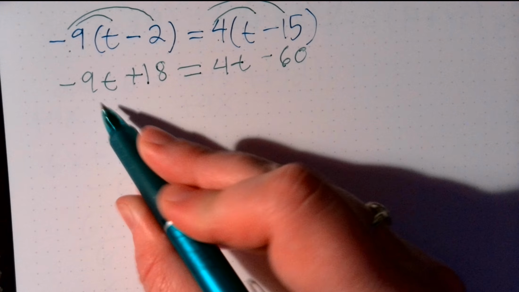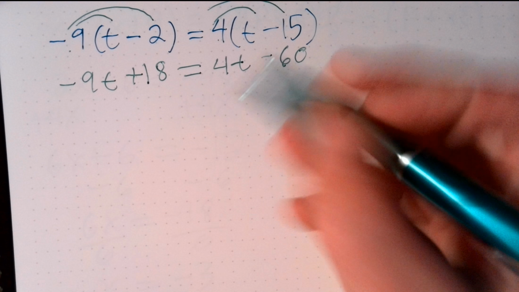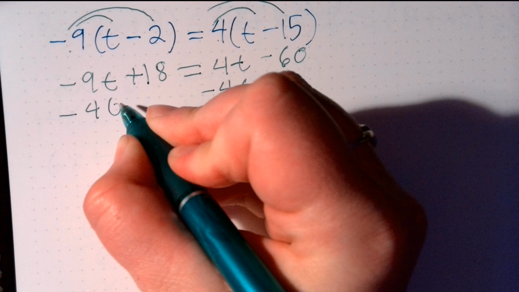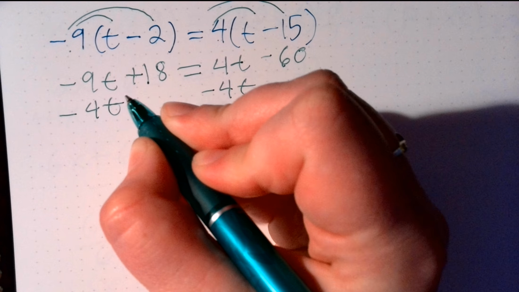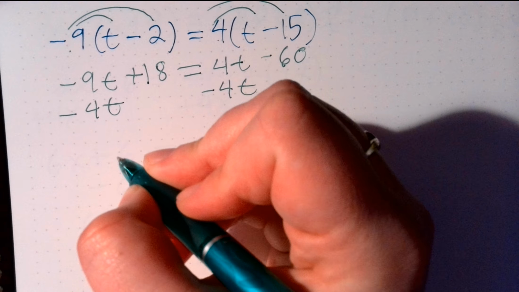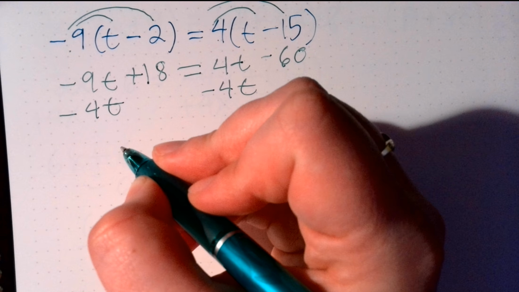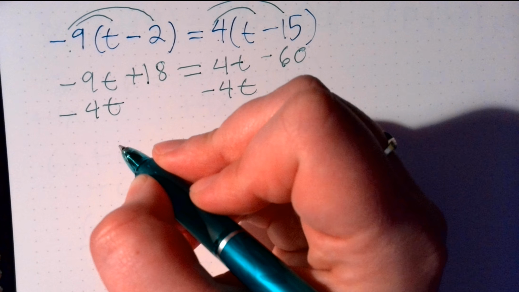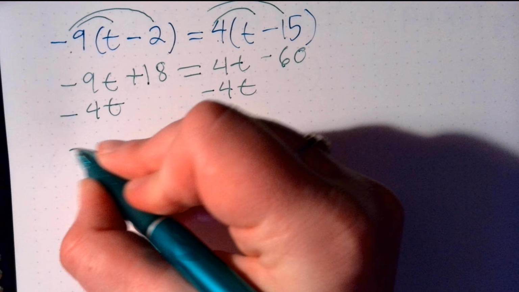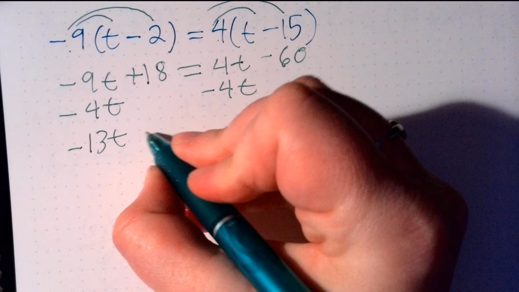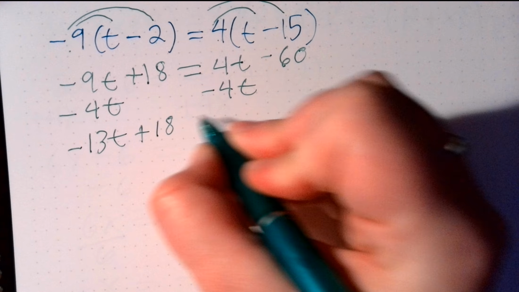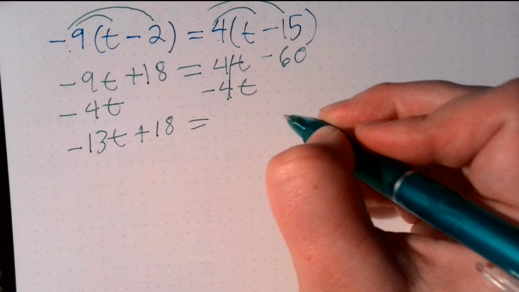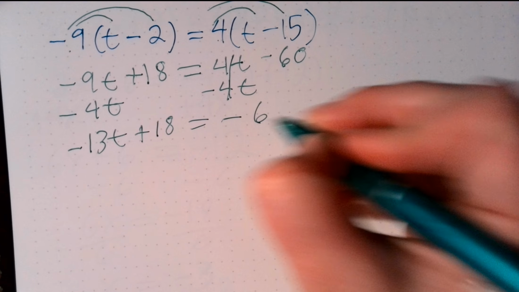Again, I have variables on both sides. This time I'm going to minus the 4t. Negative 9 minus 4 is negative 13. Bring down my 18. 4 minus 4 is 0, canceling each other out. We have the negative 60.